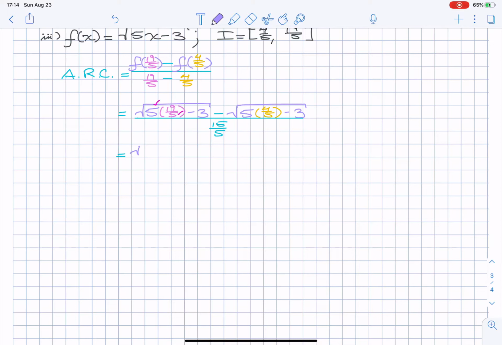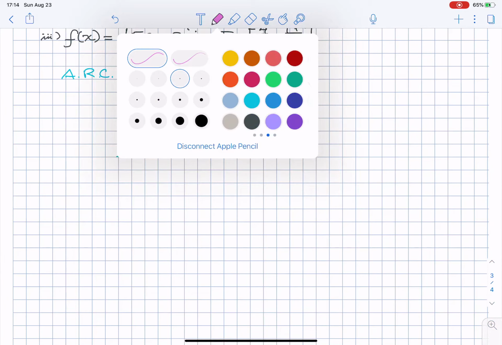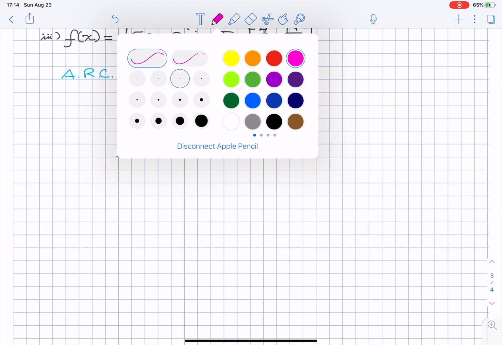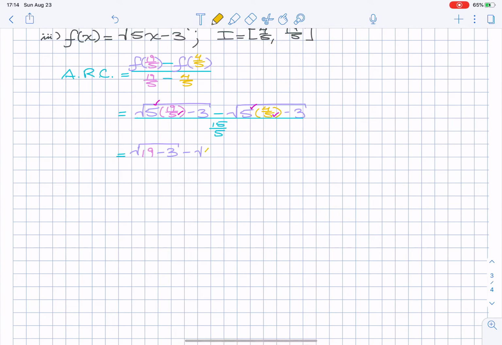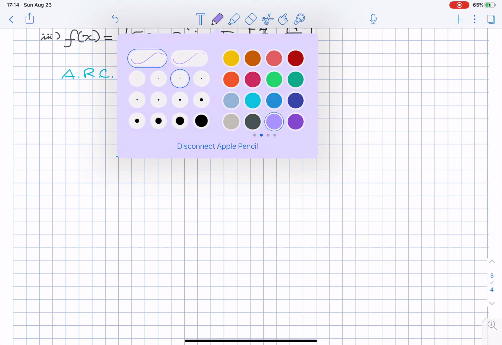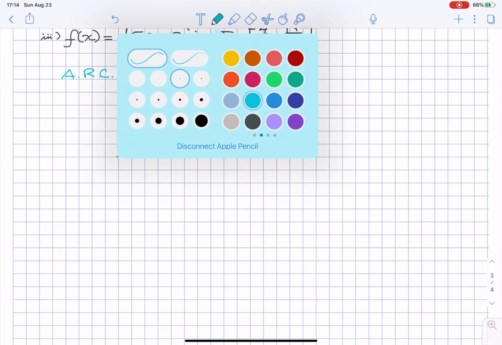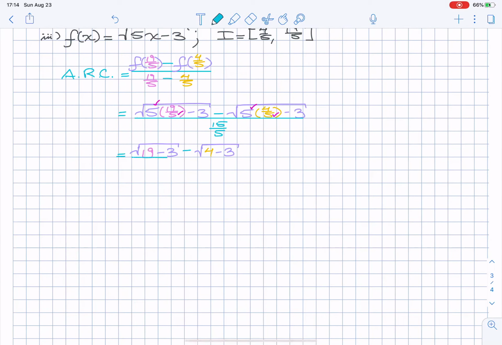Actually, let me color code. 19 minus 3 minus the square root of, once again, the 5's reduce, and I'm left with the square root of 4 minus 3. And this negative should have been in blue. And that's all divided by, well, now 5 goes into 15 3 times.